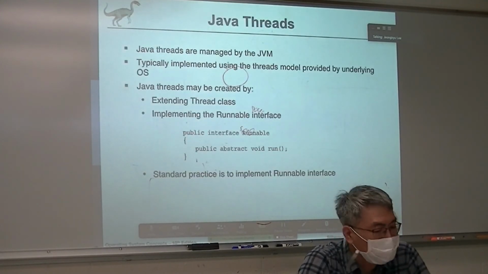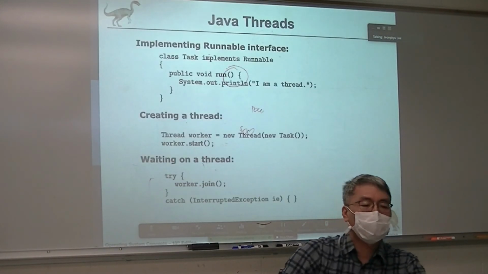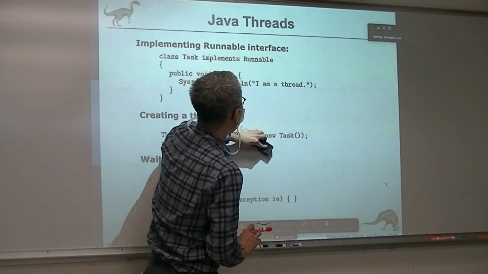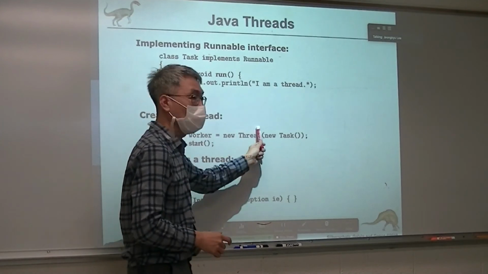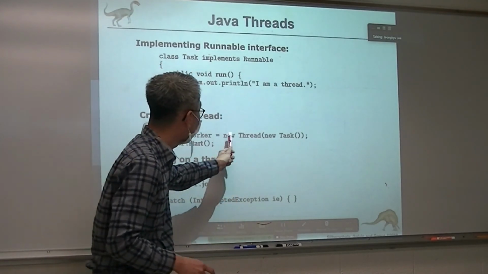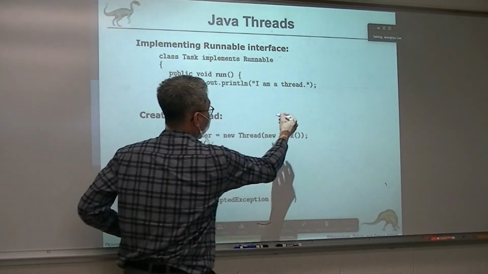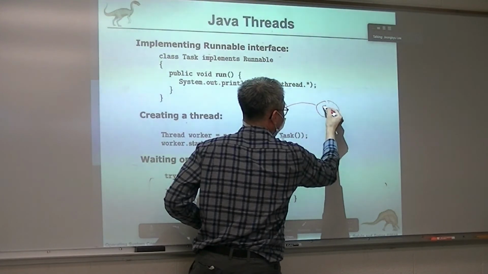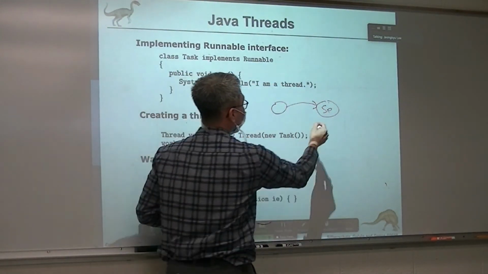What about Java? Java, you probably did. There is a Runnable interface. So this is a Runnable. Then you can create your thread using the instantiation of a new Thread. Then you can join. If you remember this client and server architecture, this one receives the request and creates a new thread.